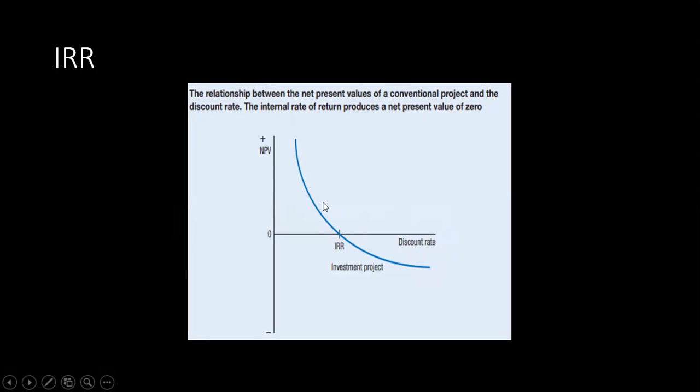So when computing internal rate of return, you want to do some extrapolation: we normally have a discount factor that gives you a positive NPV and another that gives you a negative NPV, so that you arrive at a zero NPV, and that is your internal rate of return.